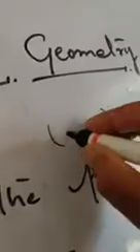If A is a point and B is another point, how can we find the distance? We already know that the coordinate point of any point is x comma y. So how can we differentiate between A and B?